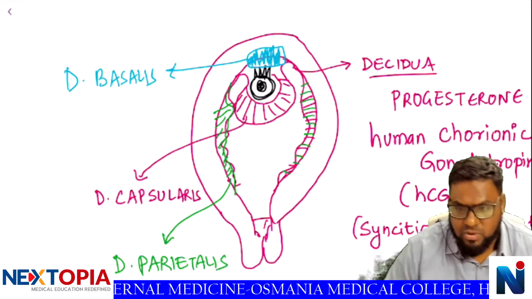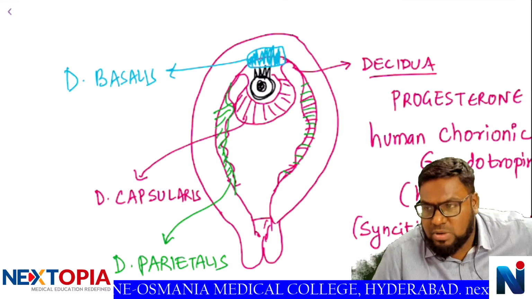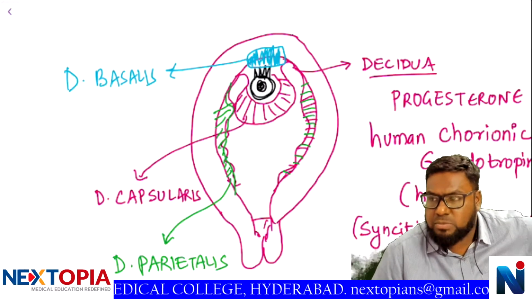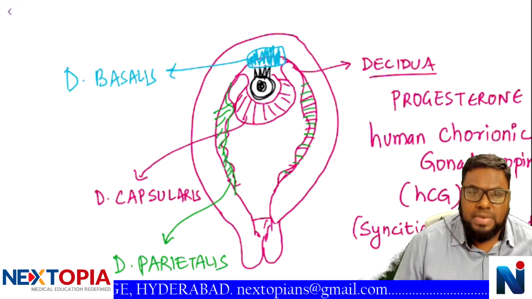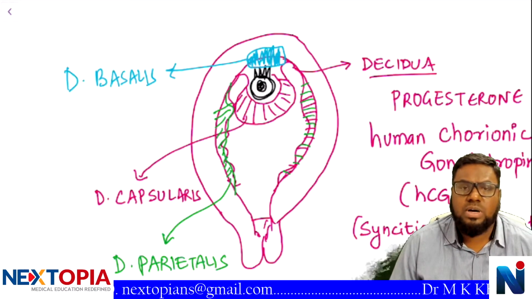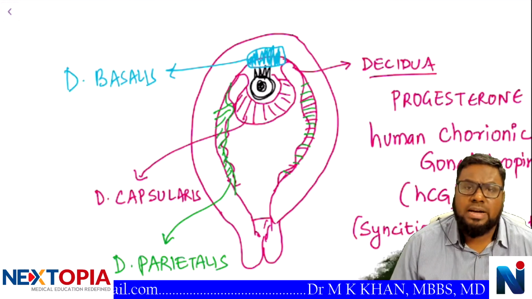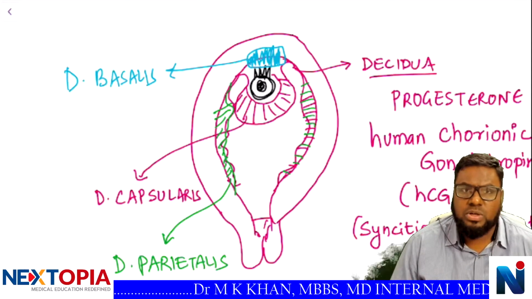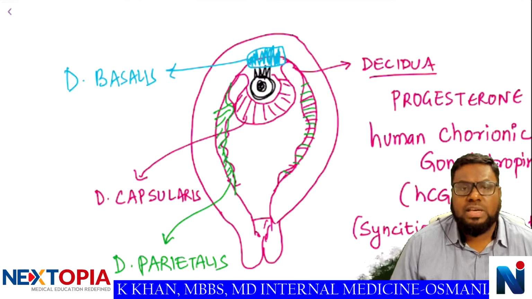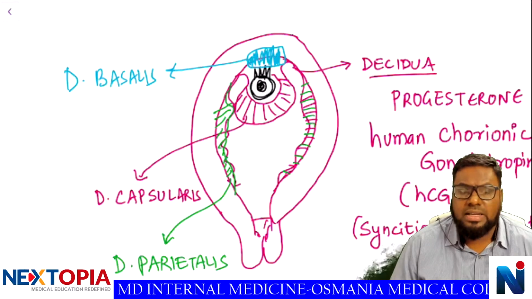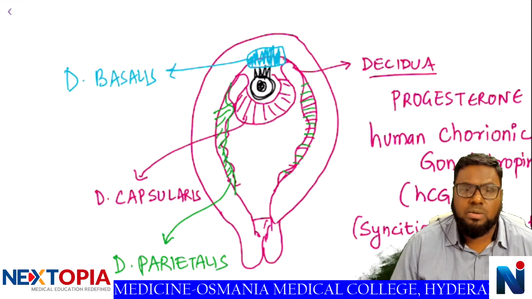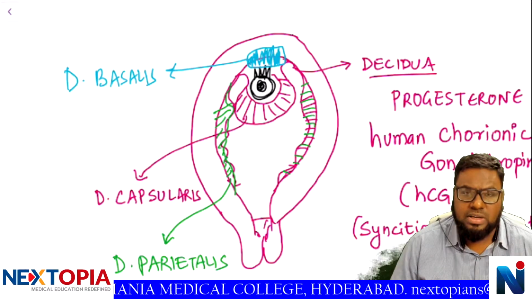Like this, we have three parts of the decidua: decidua basalis, decidua capsularis, and decidua parietalis. Each of these has an important function. We have spoken about the trophoblast cells and the decidua. Now let us discuss how the chorionic villi are formed.